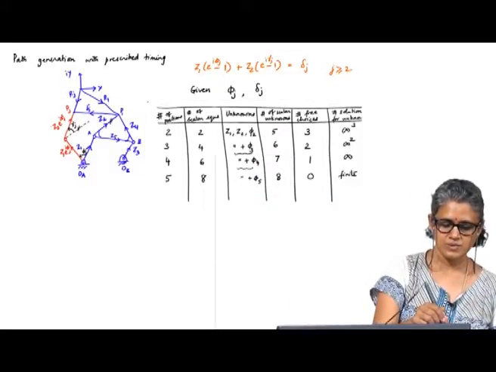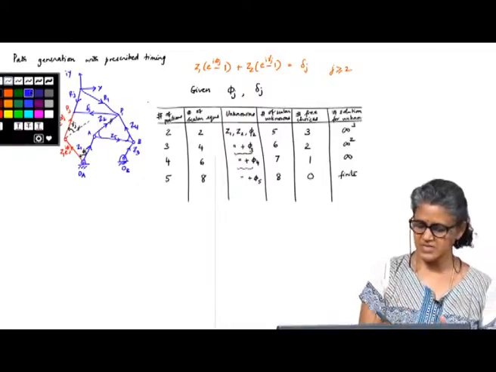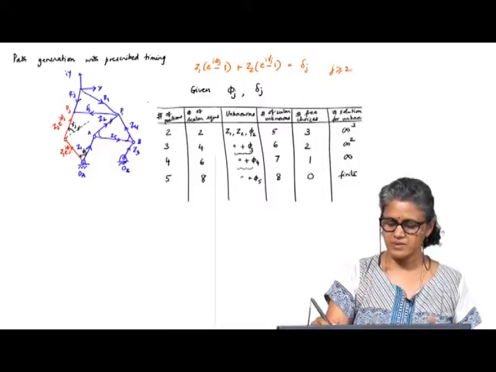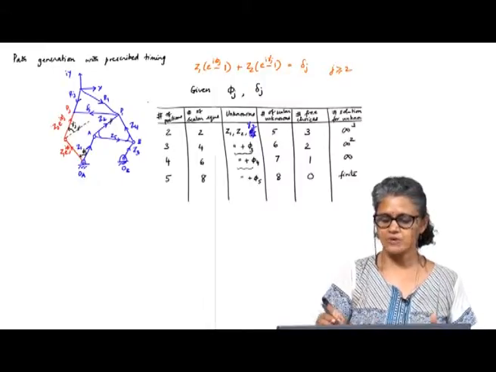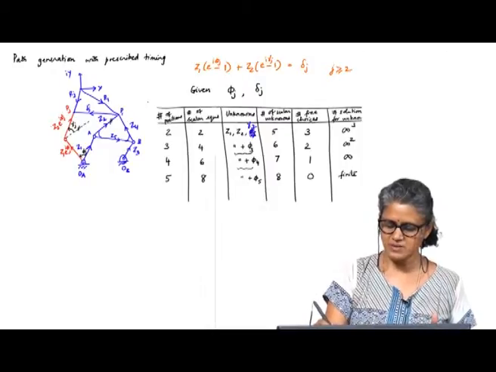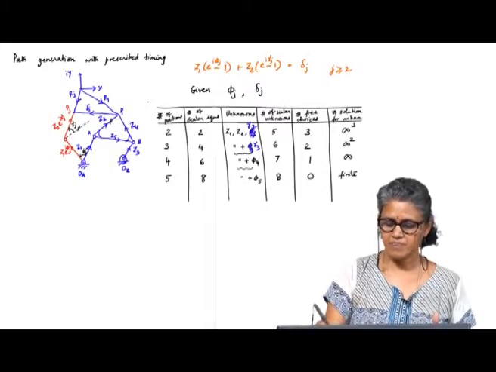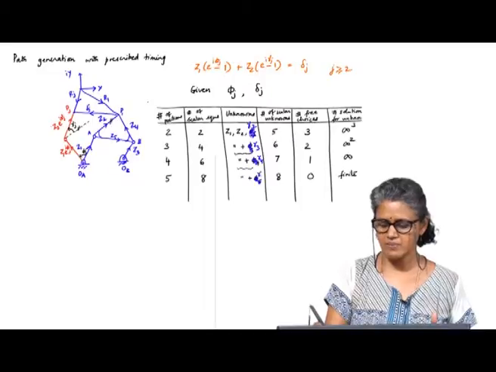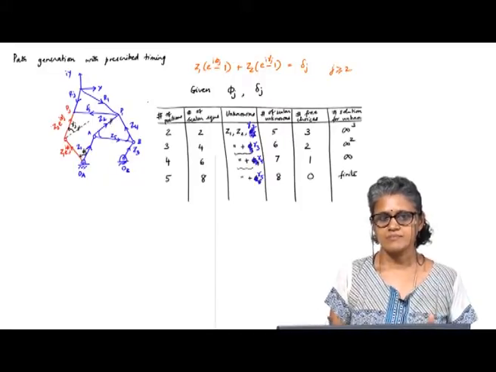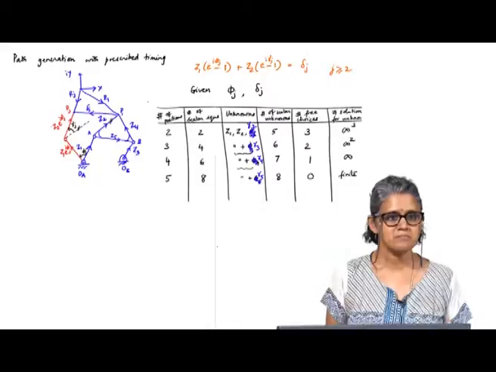The only thing that changes for the path generation problem is that now this is not an unknown, this will be gamma 2. The unknowns will still be Z1, Z2, gamma 2. Here it will be Z1, Z2, gamma 2 plus gamma 3, gamma 4 and gamma phi. Everything else remains the same.